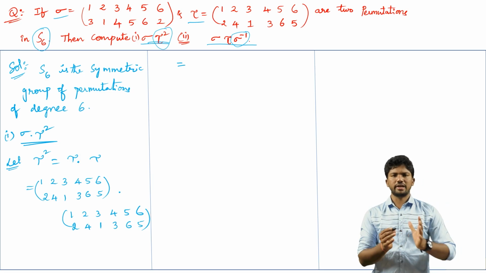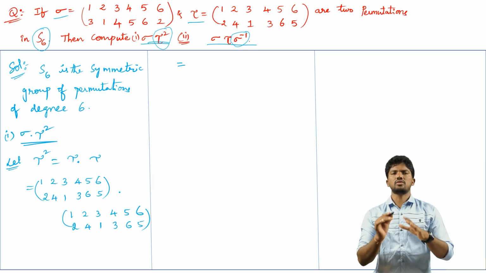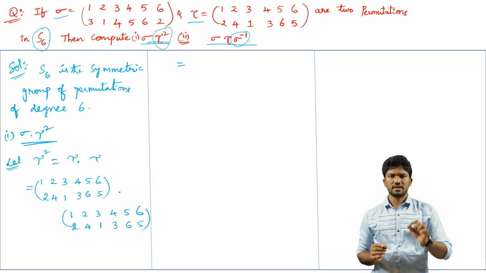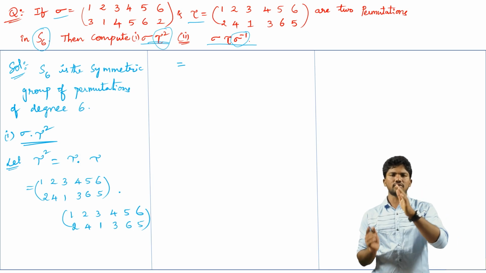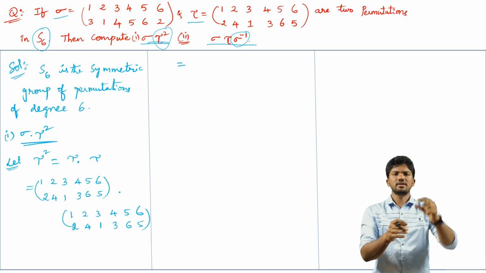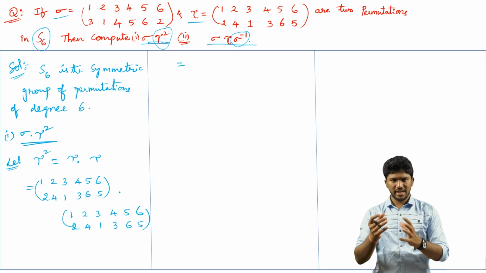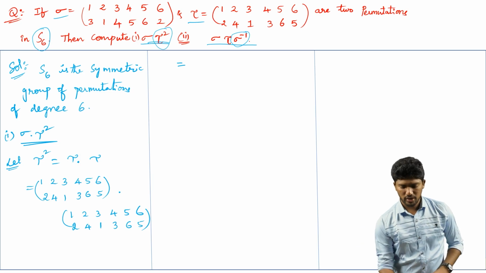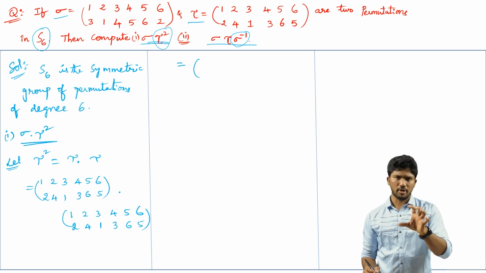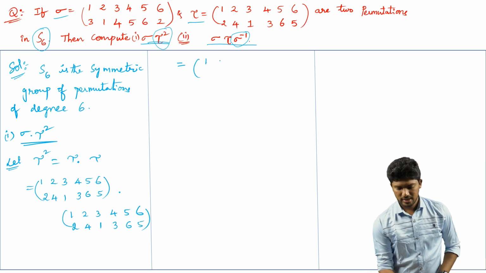Whenever we are multiplying two permutations, you have to follow only one procedure: the arrow mark is carried from right to left and from top to bottom for each and every step. The first row in the product permutation I am writing trivially, because that is the same: 1, 2, 3, 4, 5, 6.